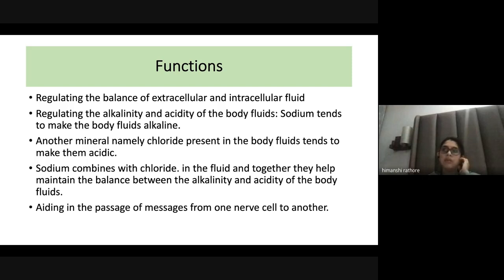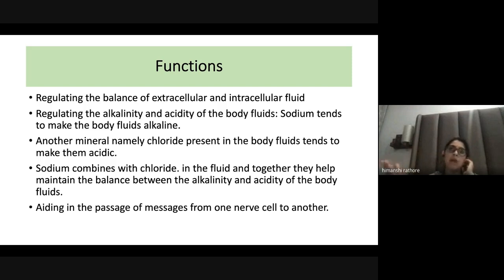Then aiding in the passage of messages from one cell to another cell. There are signals that our brain sends to perform actions and reactions. So sodium also helps in that function. Sodium helps in transferring messages from one nerve to another nerve.